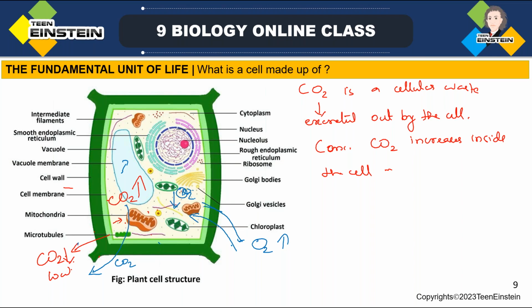So from the region of higher concentration of oxygen, outside the cell, it moves to the lower concentrated area, inside the cell, by the same process of diffusion. When the concentration of oxygen inside the cell decreases, this movement is taking place.